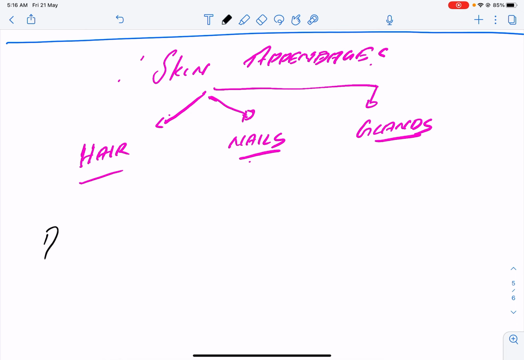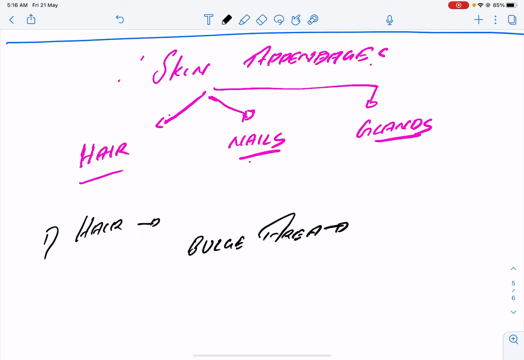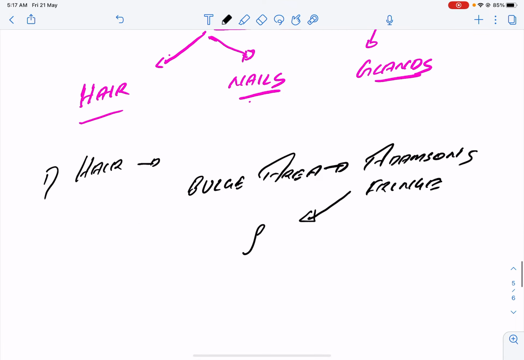Talking about hair, remember this hair will have something called the bulge area, also known as Adamson's fringe, and they act as stem cells.